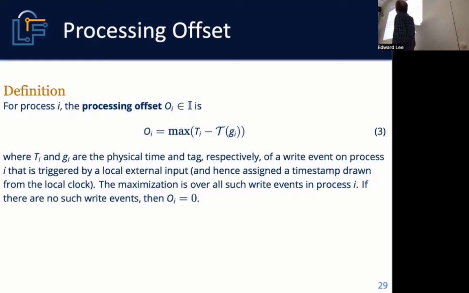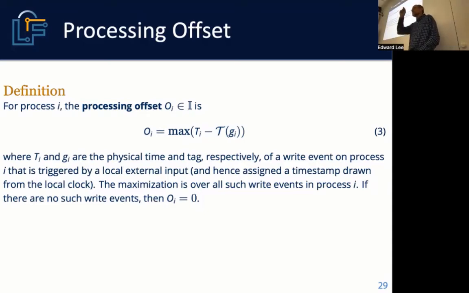And on a trace, the processing offset is simply the maximum difference between the physical time at which an event is processed, a write event in this case, and the tag of that write event. Okay. So this looks a lot like the unavailability, except that it's referring to write events instead of read events. It's a bit of a subtle point here.